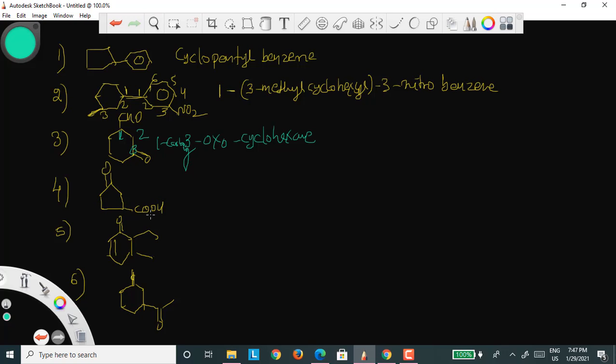And this one, how can you name? This is again a carboxylic acid; it should be the lowest number. This carboxylic acid has the highest priority. So this name will be 3-oxo cyclopentane and one carboxylic acid.